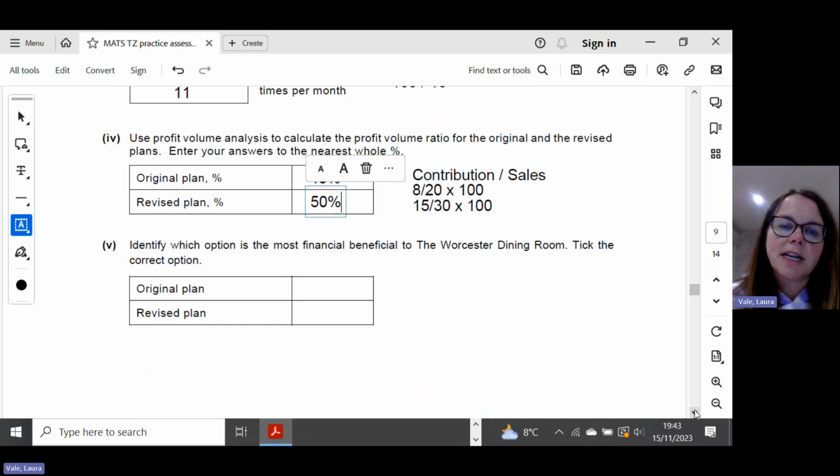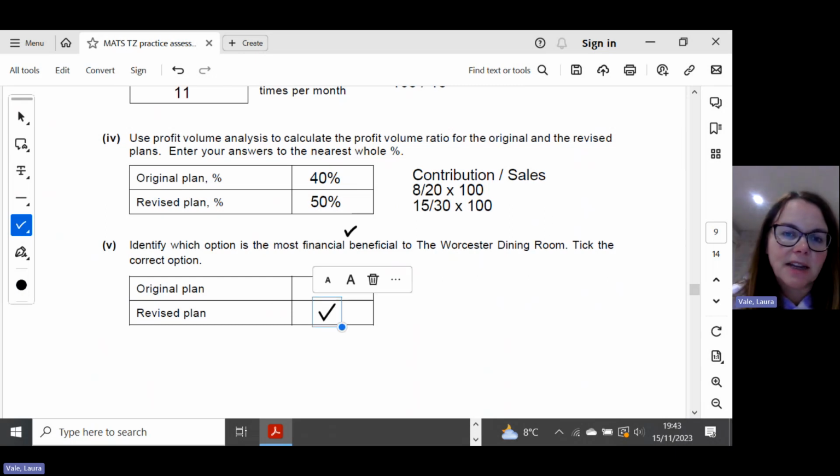Identify which option is the most financially beneficial to the Worcester dining room. Clearly the higher the ratio of contribution to sales, the better, because contribution is only one step away from profit. So the revised plan is giving 50% compared to 40, so that will be preferable.